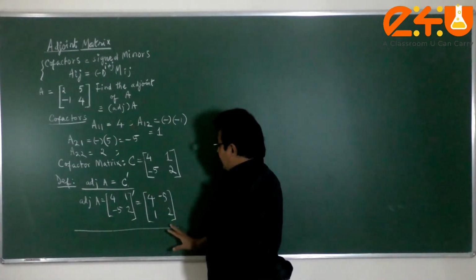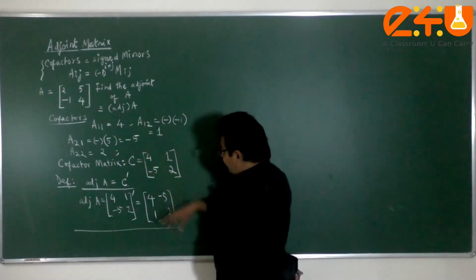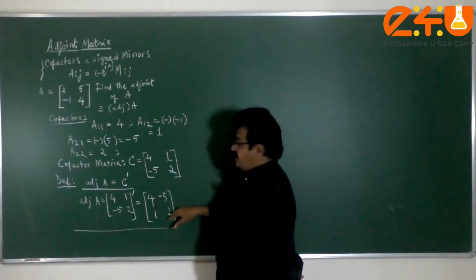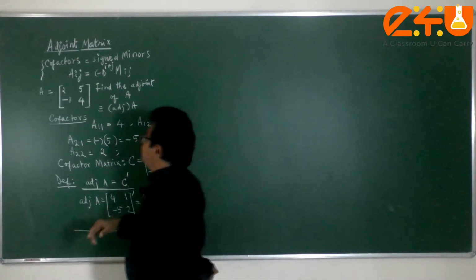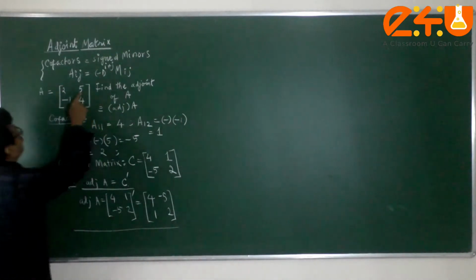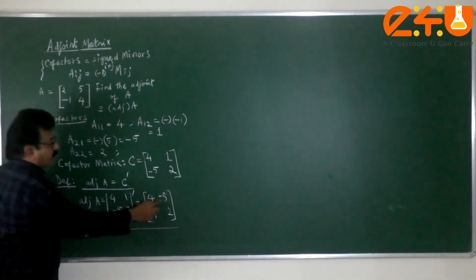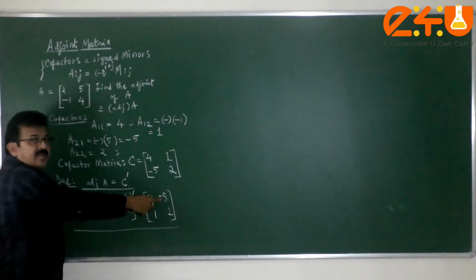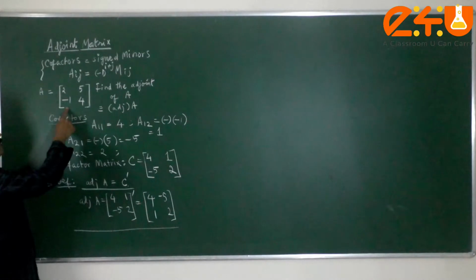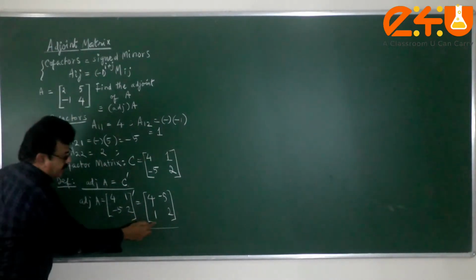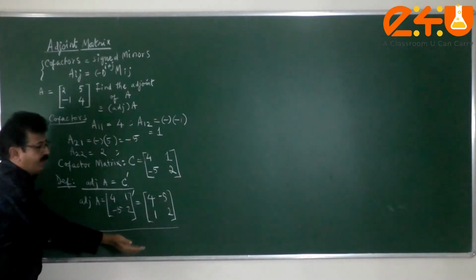You can find very easily that 2 and 4 got interchanged as 4 and 2. What else do we observe? The number that was 5 in position A12 has assumed a negative sign. Similarly, in position 2, 1, the sign has changed. Negative 1 has become a positive 1.